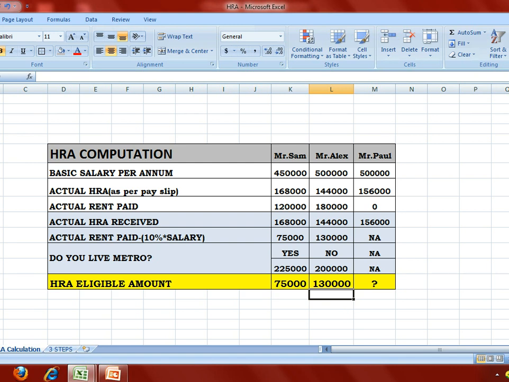If you do a simple comparison between Mr. Sam and Mr. Alex, for Mr. Sam the actual HRA offered by the employer is high, but the eligible amount is lower than that. Whereas in case of Mr. Alex, the actual HRA is lesser than Mr. Sam, but he is actually eligible for a higher amount than Mr. Sam. So all this would be possible only based on the calculation.